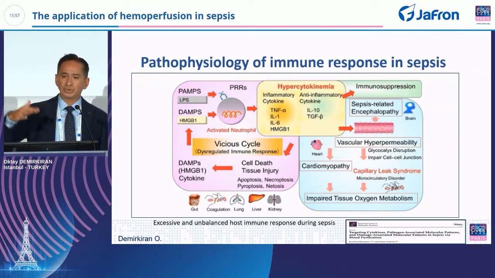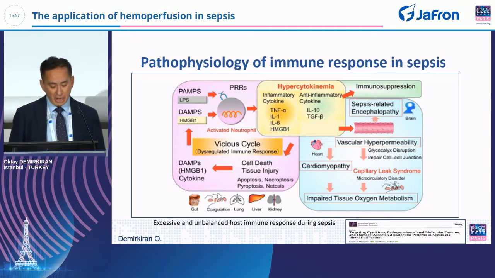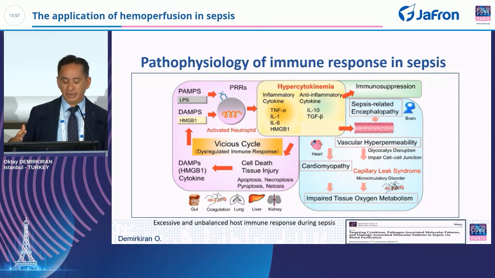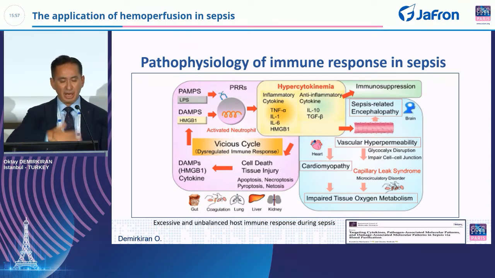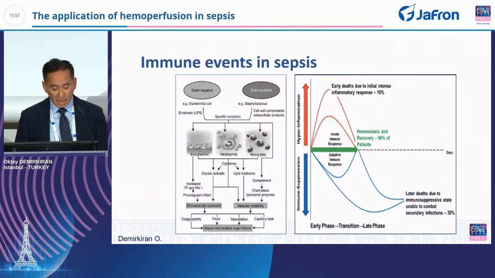There's a vicious cycle: due to DAMPs and the dysregulated immune response, cell death, tissue injury, and apoptosis occur, and the high mobility group box 1 protein increases, and then the DAMPs act again and again, and the vicious cycle goes on.